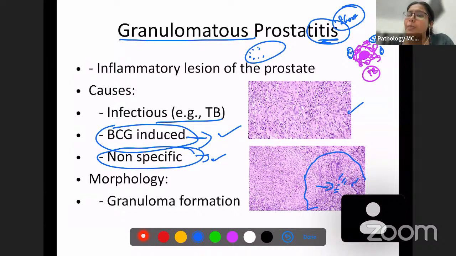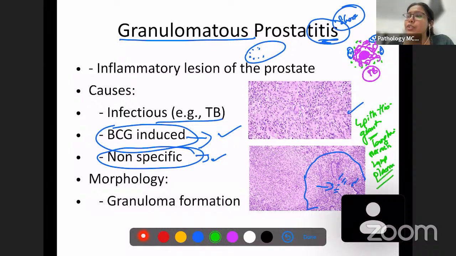Apart from this, what will we have? We will have some lymphocytes and plasma cells. So what are the components of this granuloma? We're going to have epithelioid histiocytes, giant cells, in tubercular mostly Langhans type giant cells, necrosis, lymphocytes, and plasma cells.